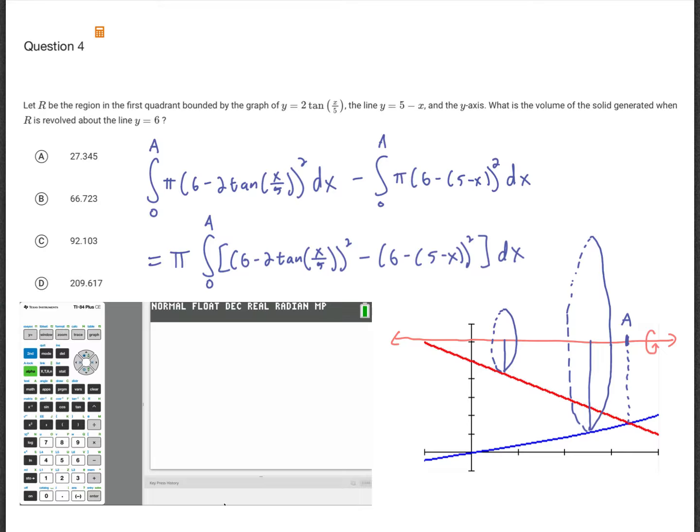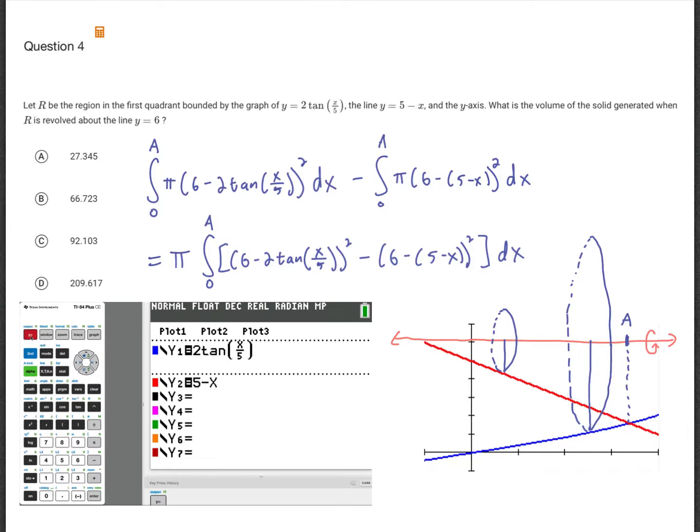Now we just have to type that into the calculator. Notice I made y1 the 2 tan. When you're on the test, I think it's nice to actually write that. They listed the functions, so it's nice to write down what functions you're using in the calculator. So the 2 tan is y1, and the other one is y2.